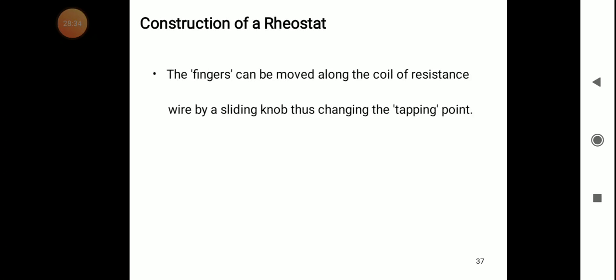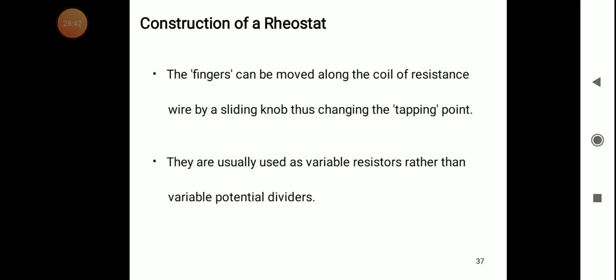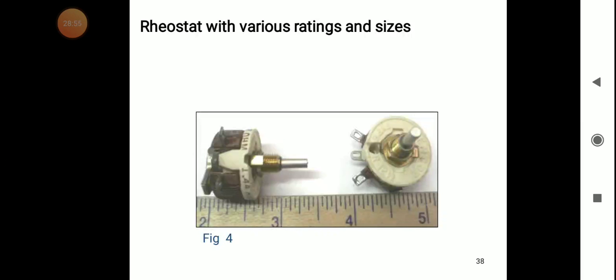The fingers can be moved along the coil of resistance wire by a sliding knob, thus changing the tapping point. They are usually used as variable resistors rather than variable potential dividers.